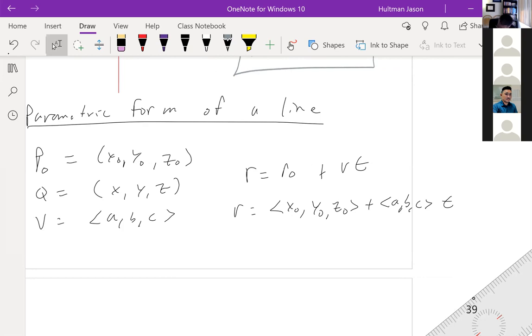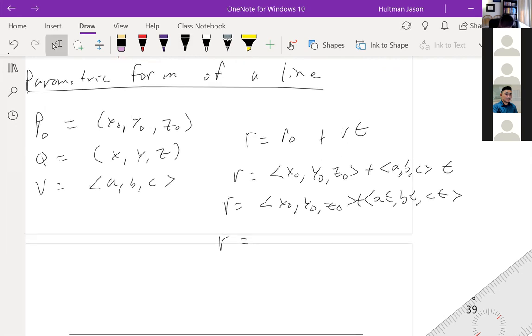Okay, so now let's just do some vector calculation here. R is equal to X naught, Y naught, Z naught, plus At, Bt, Ct. Now let's add components. This is going to be X naught plus At, Y naught plus Bt, and Z naught plus Ct.